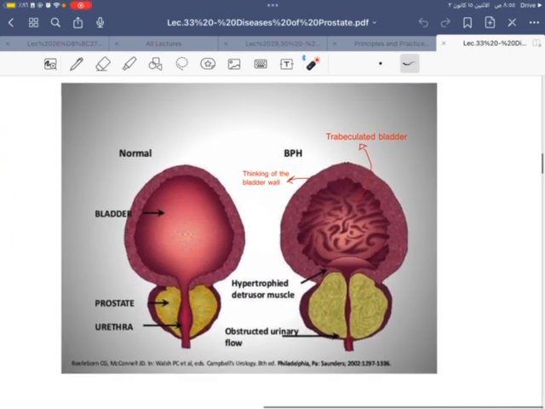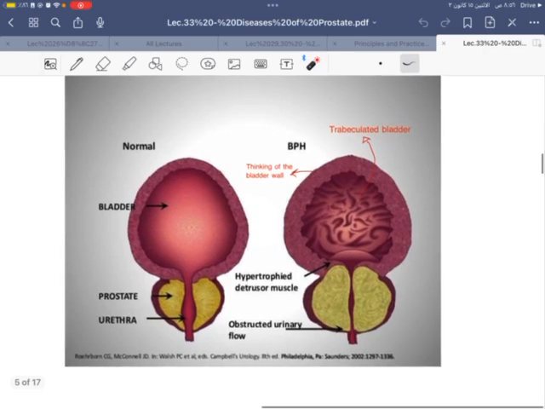As you can see here, this is a normal bladder. And here, with BPH, the urethral bladder outlet resistance increases, the urethra is blocked, and there is secondary detrusor hypertrophy.